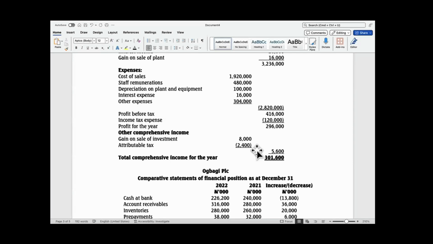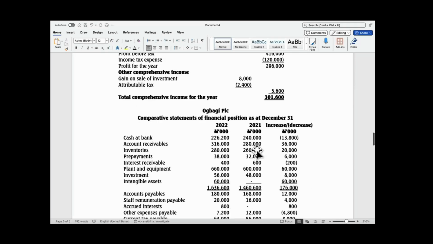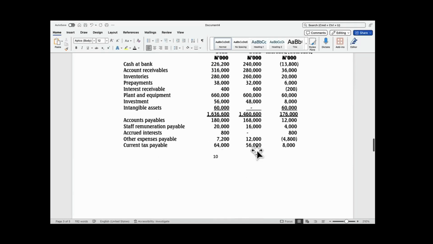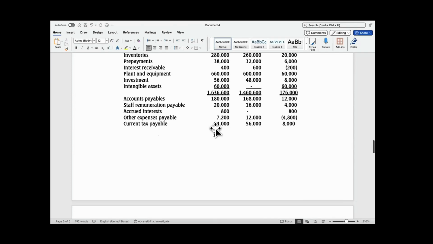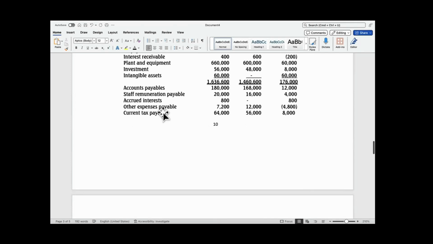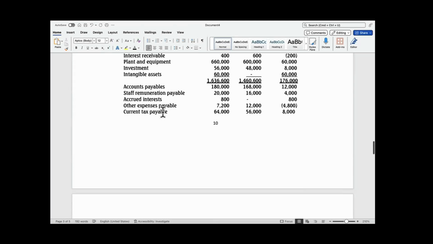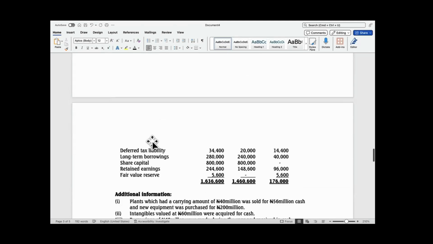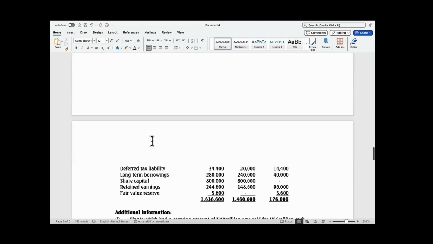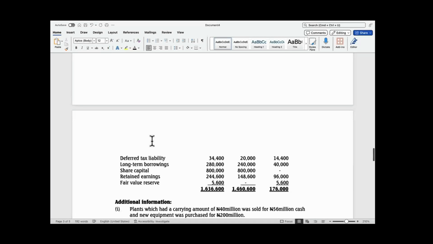I will just go to my statement of financial position. Am I owing any tax? Of course you are. And if you look at it, the last item here is current tax payable. So you are owing. However, there is also deferred tax here. So your current tax and your deferred tax will represent what you will use as your movement.